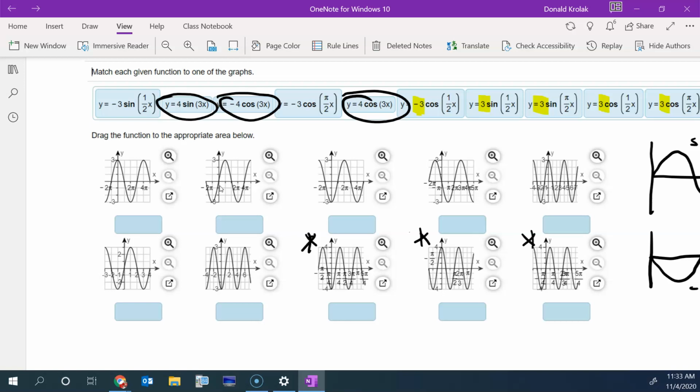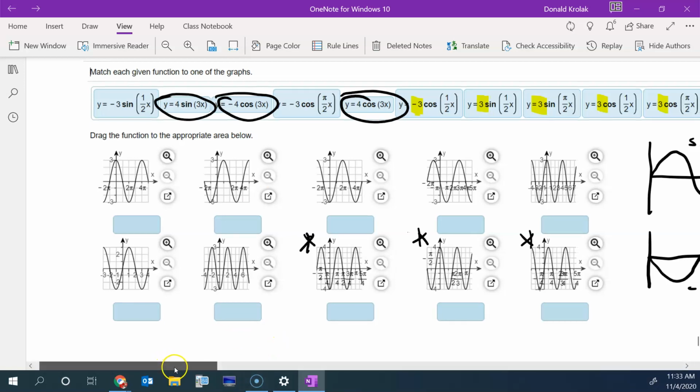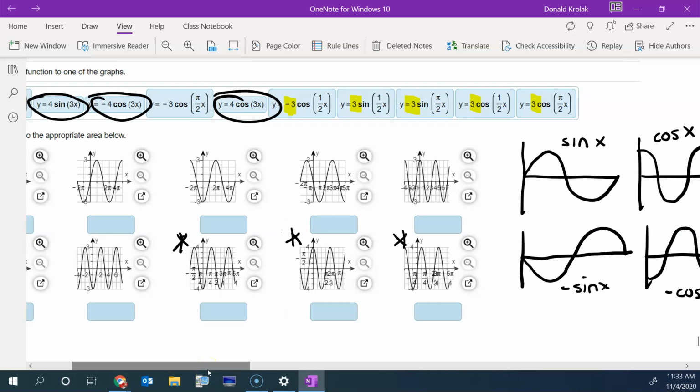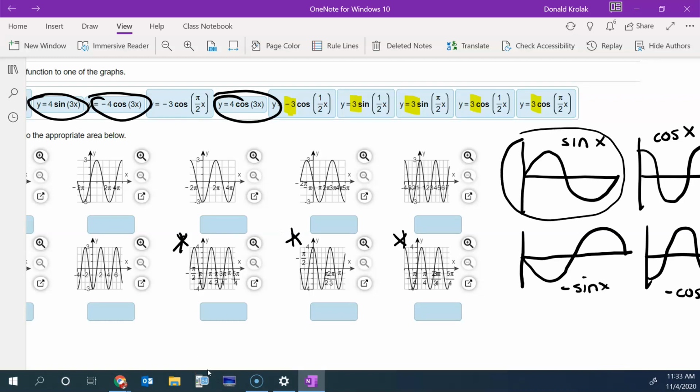And it's a regular sine graph, so it's going to look like this one right here. That one doesn't look like it. That one doesn't look like it. That's the only one, and it's got the right amplitude.